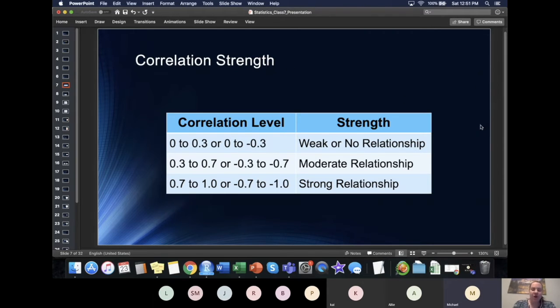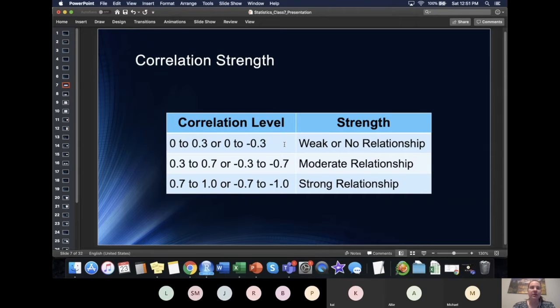Yeah. So correlation strength. When we look at this, as Michael said, anything from 0 to 0.3 or from 0 to negative 0.3 tends to be weak or no relationship at all. So if you see this, it's not a substantial relationship. It's probably not meaningful in practice.